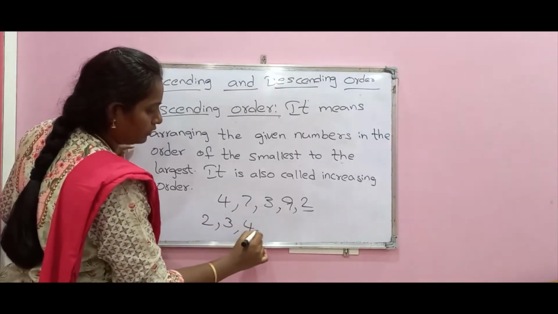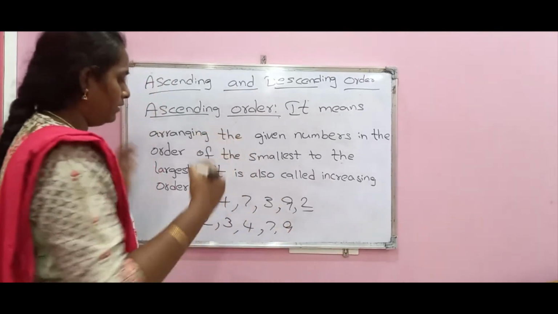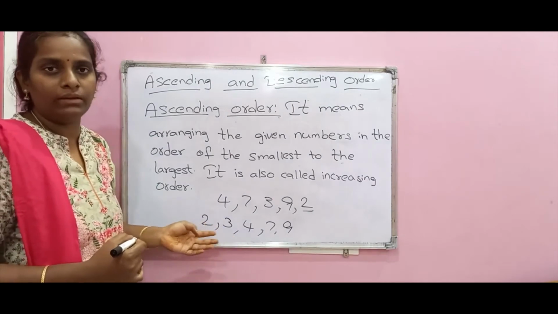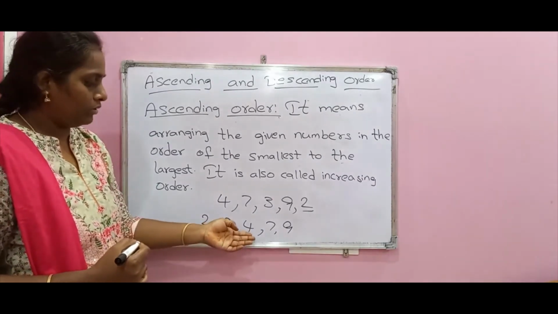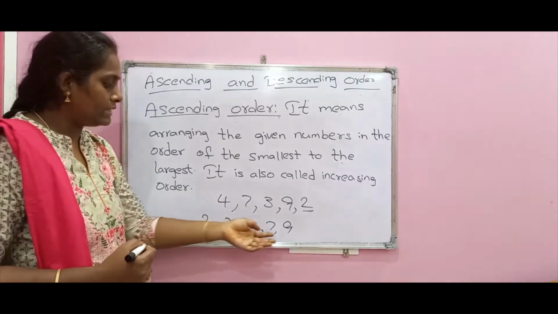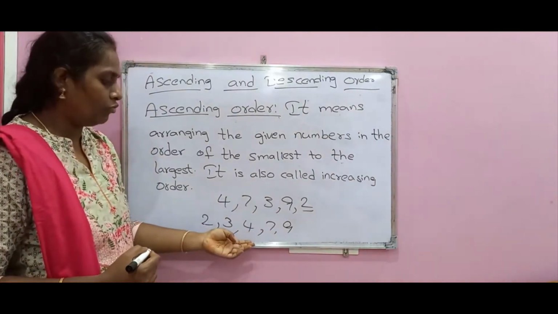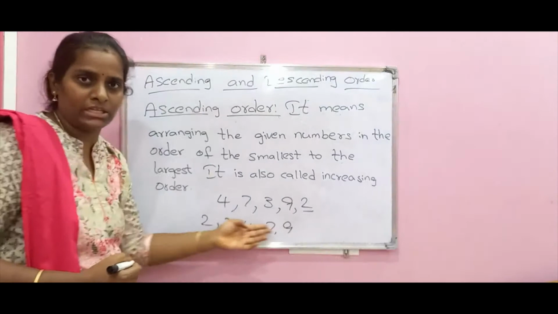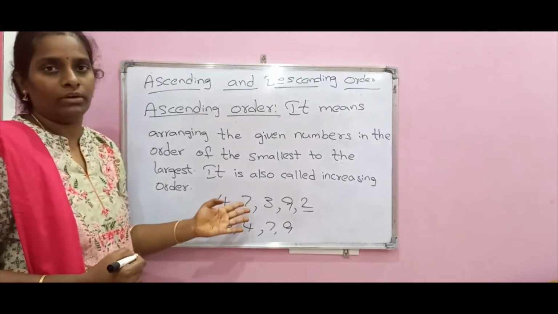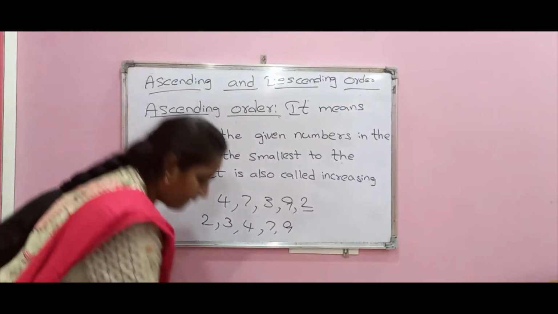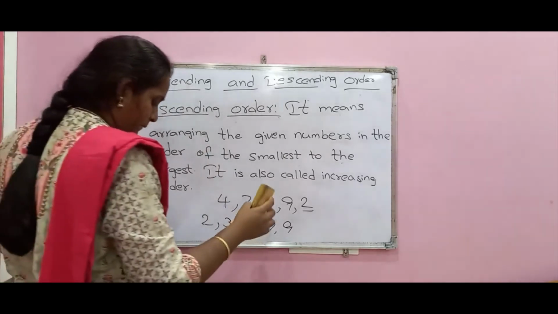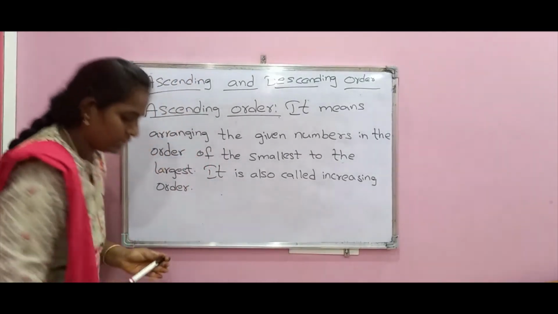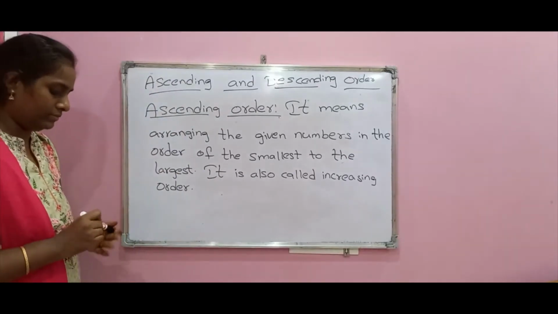After that 4, 7, 9. Increasing in order. 2, after 3. 3 is bigger than 2. 4 is bigger than 3. 7 is bigger than 4. Next 9. 9 is bigger than 7. It means it is in increasing order. That is the ascending order. Copy this into the classwork.